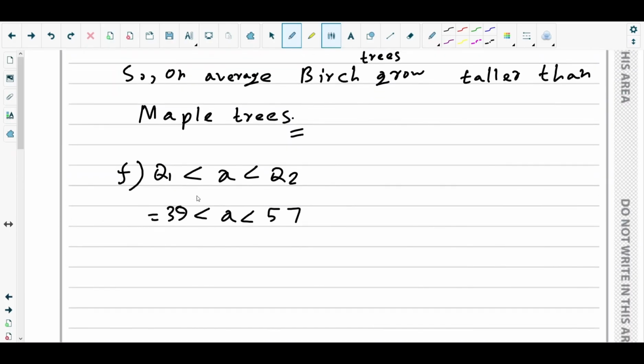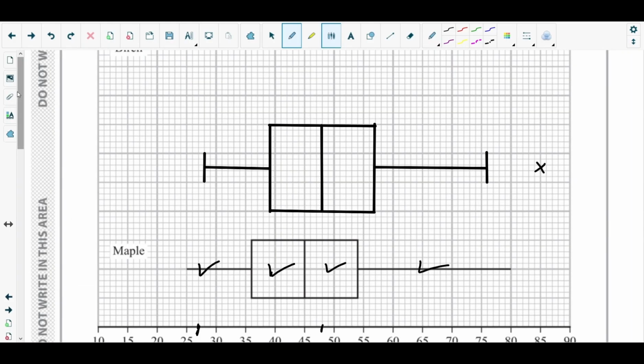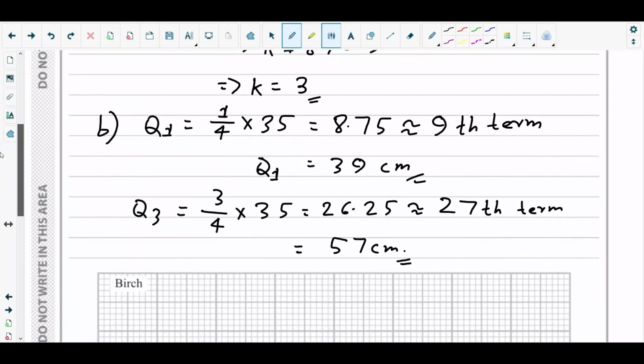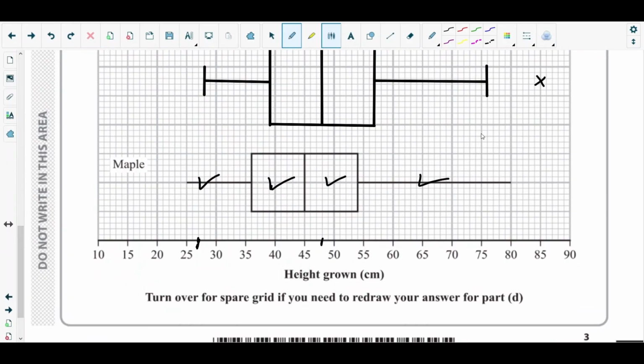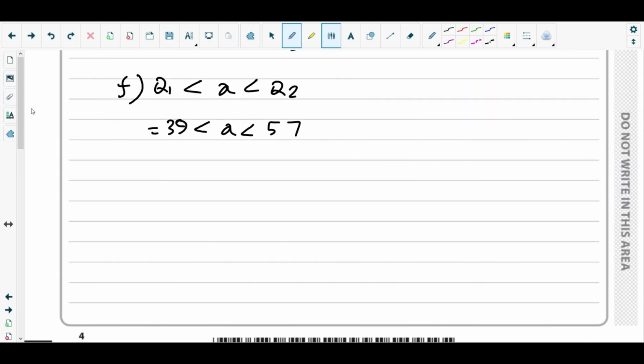But if you see the fourth missing value, it is basically twice of A. So if you consider twice of A, and the lower limit for A to be 36, then 36 times 2 would be 72, and if you consider the upper limit to be 45, sorry, 45.